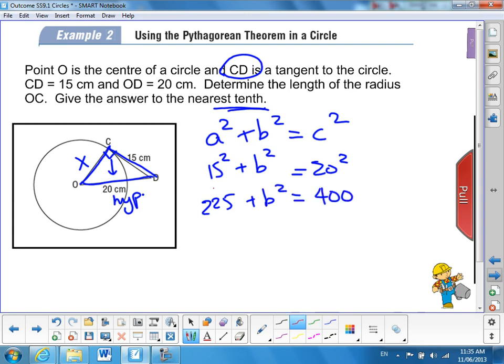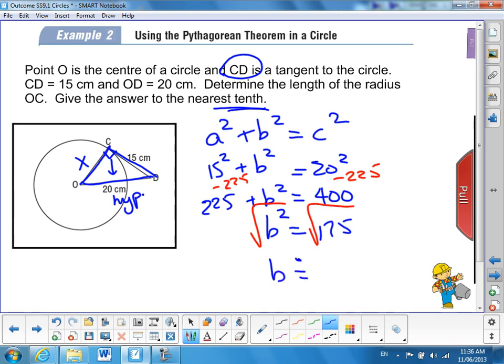We need to subtract 225 to get it to the other side. B squared equals 175. I want to know what B equals, so I need to take the square root. And B is approximately 13.23.